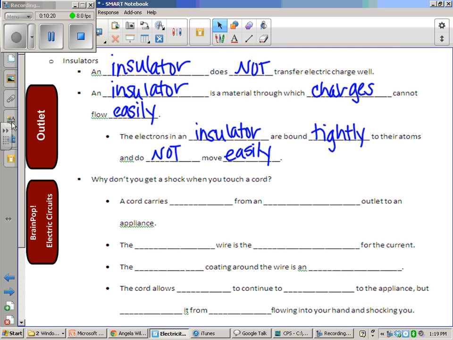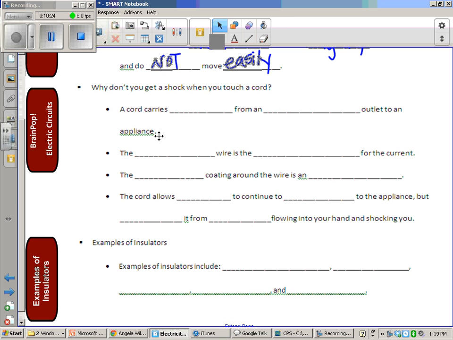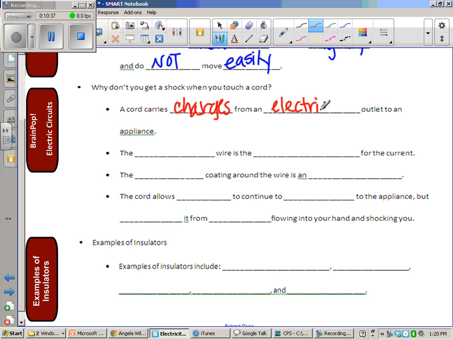So why don't you get a shock when you touch a cord? Well, a cord carries charges from an electrical outlet to an appliance. Okay, the inner wire is the conductor for the current.